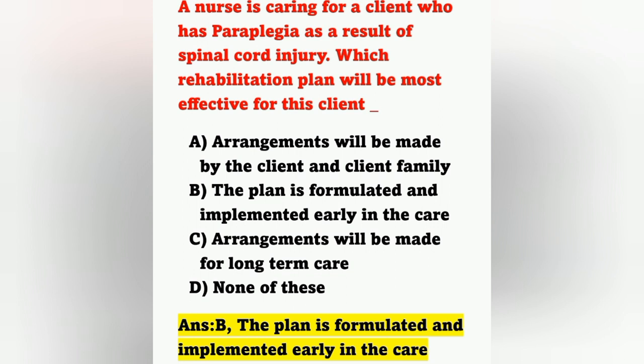Rehabilitation plan means recovering from the particular problem. Here the patient has spinal cord injury and paraplegia. So for rehabilitation or recovering from the particular problem, we have to plan the care during the time of admission itself. So the answer will be, the plan is formulated and implemented early in the care. Move on to the next question.